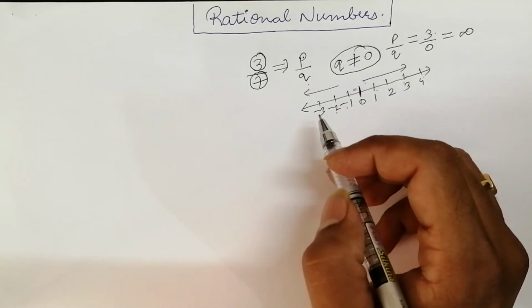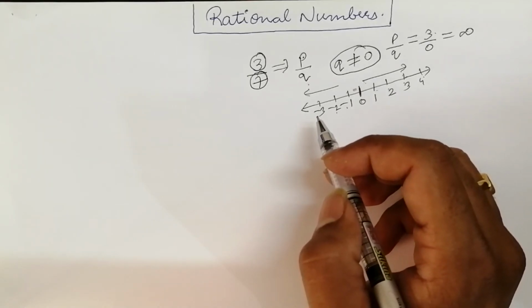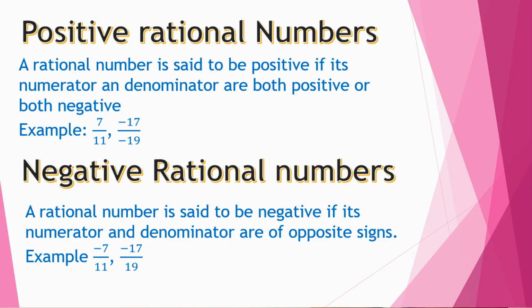Okay, now we will understand the definition of positive rational number. A positive rational number is said to be positive if its numerator and denominator are both positive or both negative.